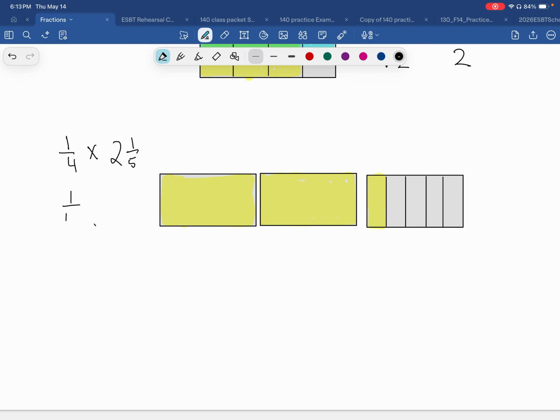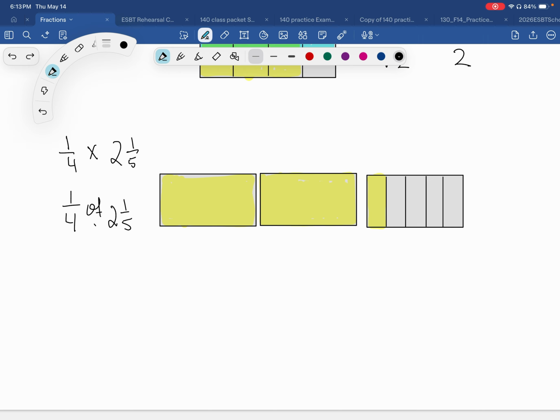And I want 1/4 of that. Right? That would be one whole group, but I don't want a whole group. I want a fourth of a group. So I'm going to cut that into fourths horizontally. Now, let me backtrack for a second.